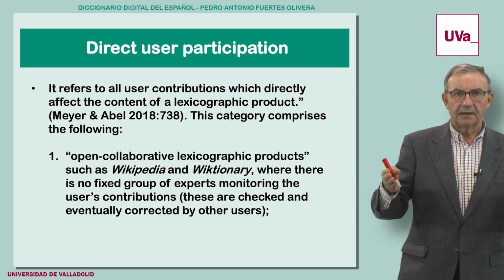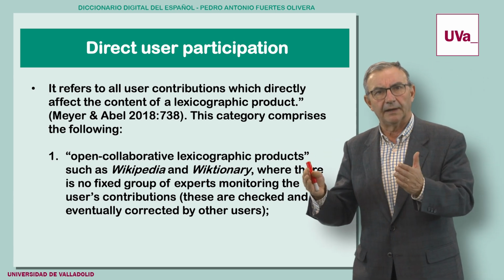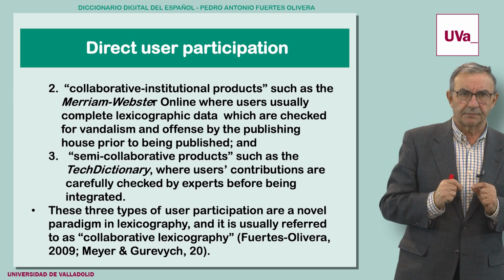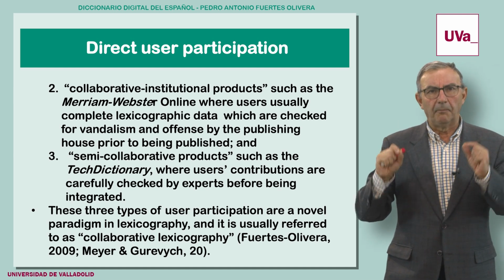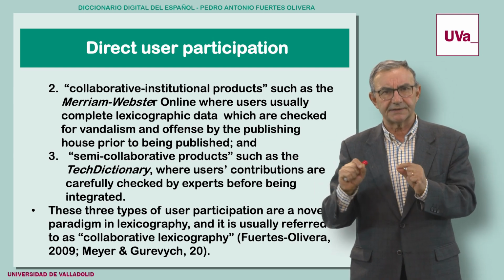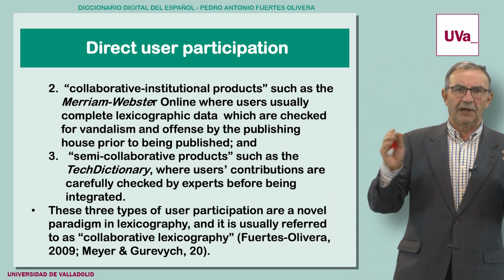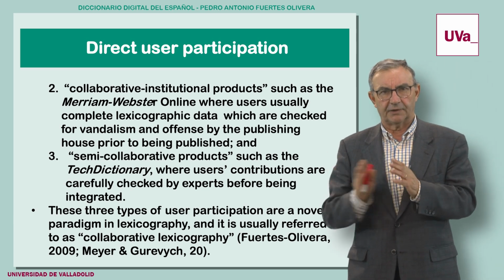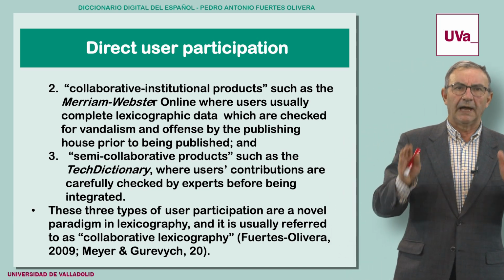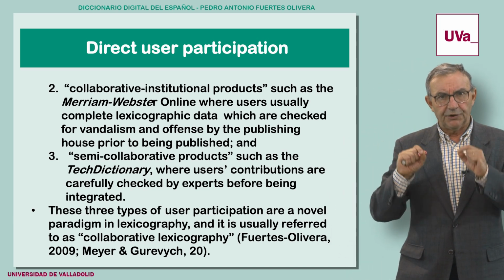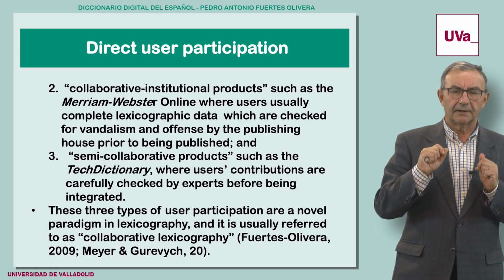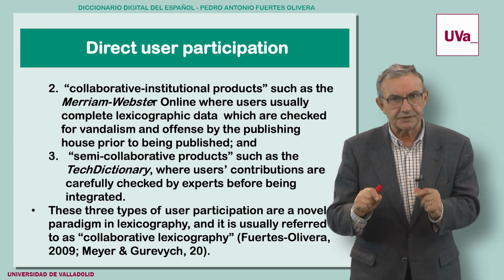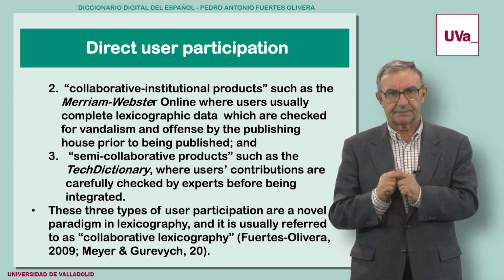These are checked and eventually corrected by other users. A second subtype they mention is what they call collaborative institutional products, such as the one used when compiling the Merriam-Webster Online Dictionary, where online users usually complete lexicographic data which are checked for vandalism and offense by the publishing house prior to being published.